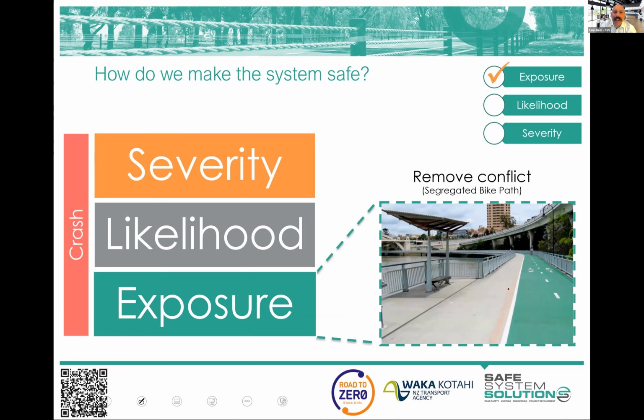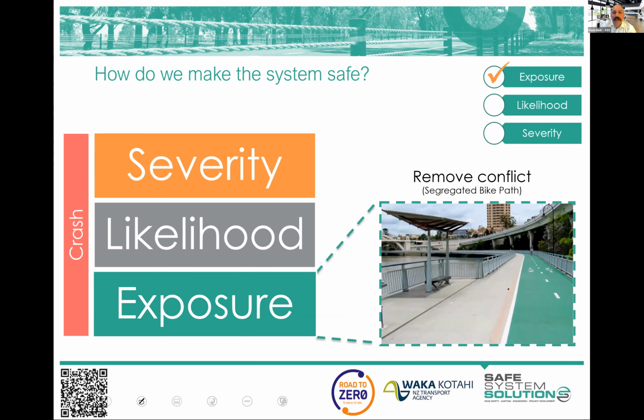Now, separated facilities becomes a really interesting one, because here it's pretty clear. The cyclists are not exposed to crashes with passenger vehicles because they're on their own dedicated facility.